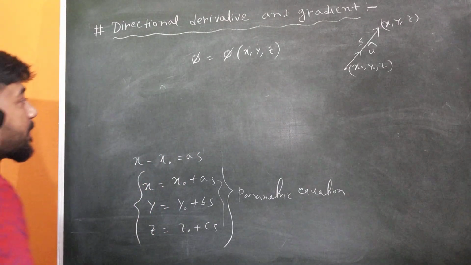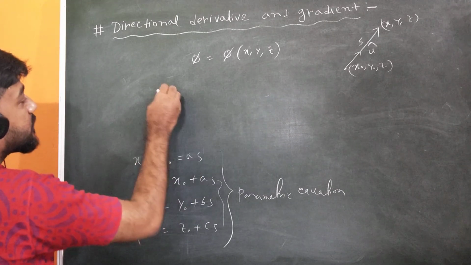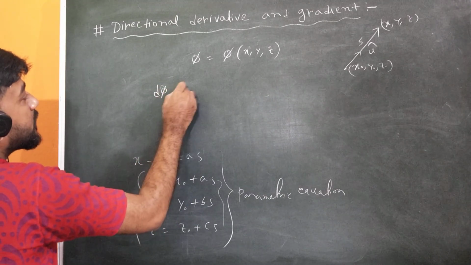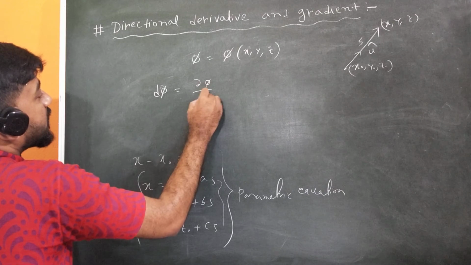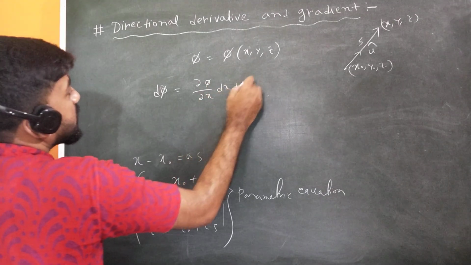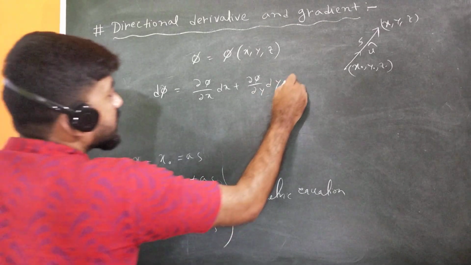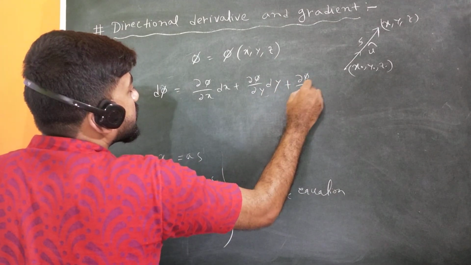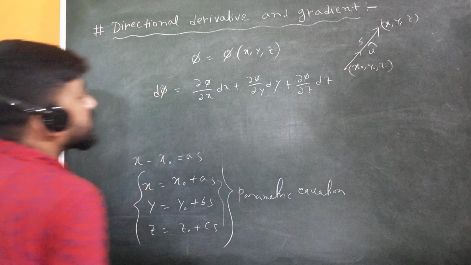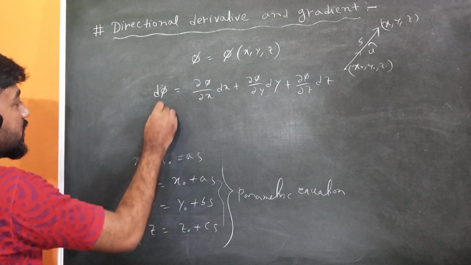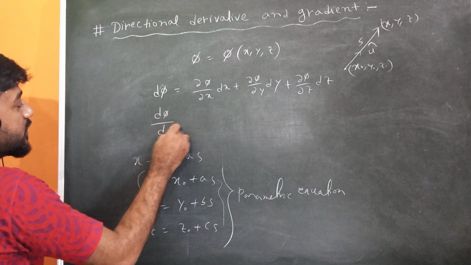Now in general you have the Pfaffian representation for this. So d phi will be del phi upon del x into dx plus del phi upon del y into dy plus del phi upon del z into dz. This is the Pfaffian representation. But now you need d phi upon ds.